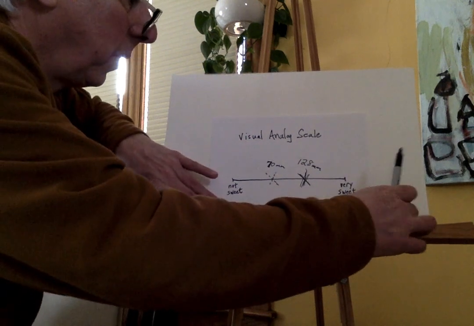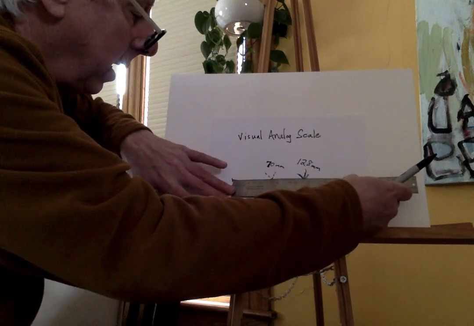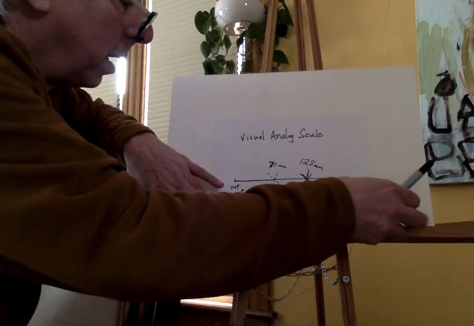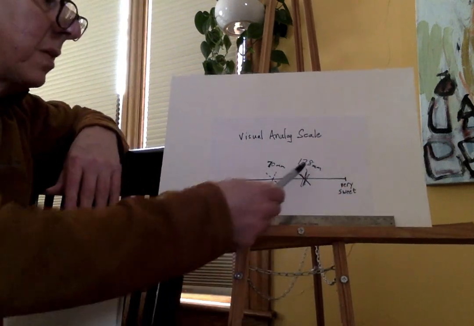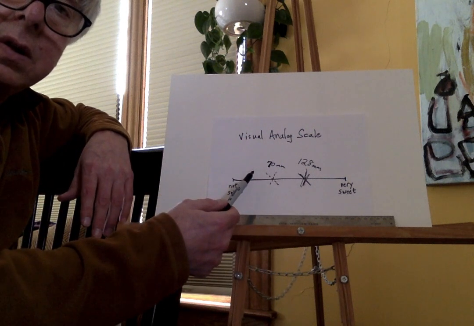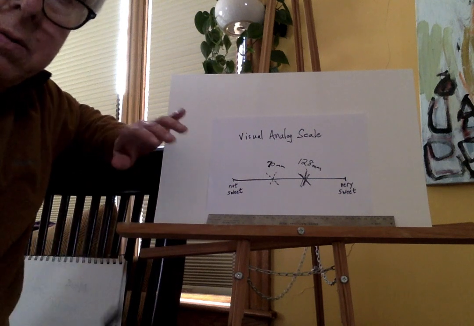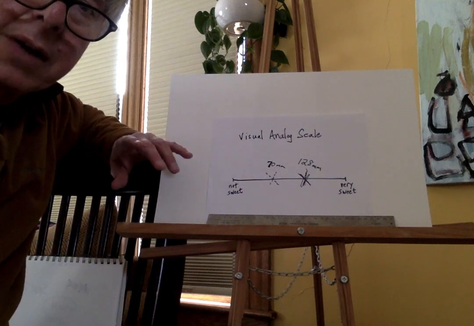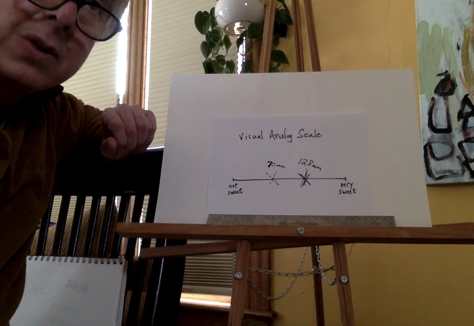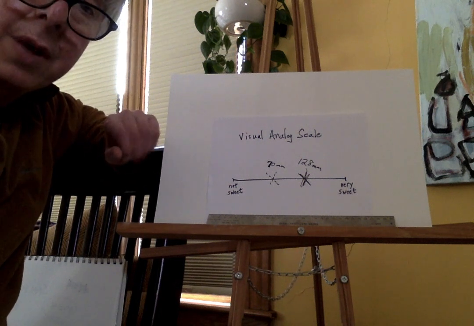But if this entire line is, what, about 200 millimeters, it's just telling me that this person is rating the solution as more sweet than this person. Okay? So those are the numbers that I'm talking about. Higher the number, the sweeter they perceive the solution to be. Okay?